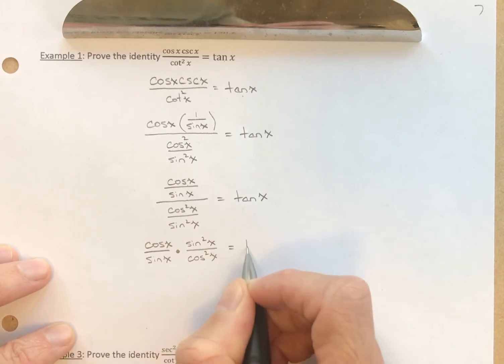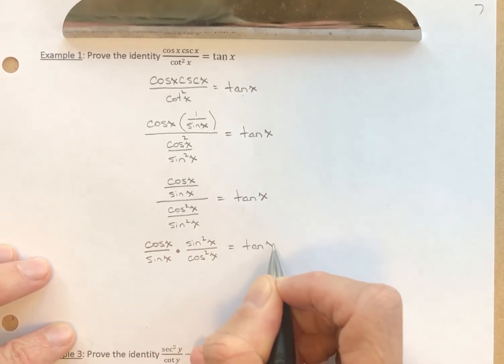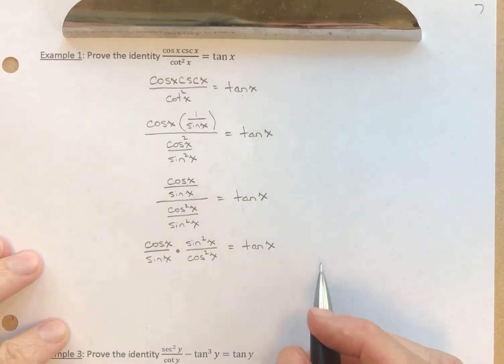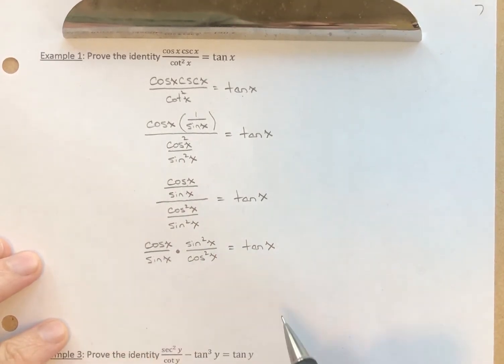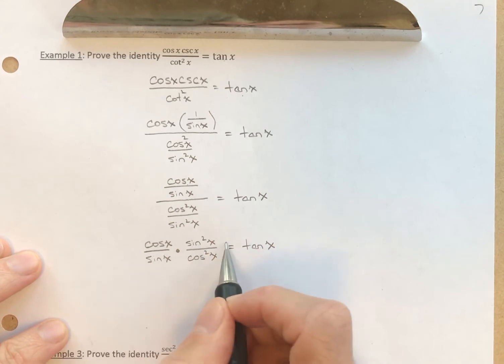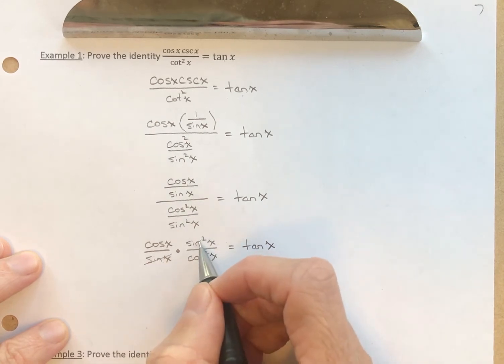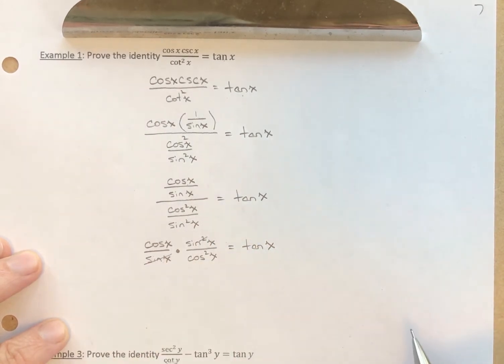Again, I'm trying to match the tangent of x. Well, this is not bad. I see some canceling I can do. This is sine of x times sine of x, and there's a denominator of sine of x, so I can factor out one of those two sines.